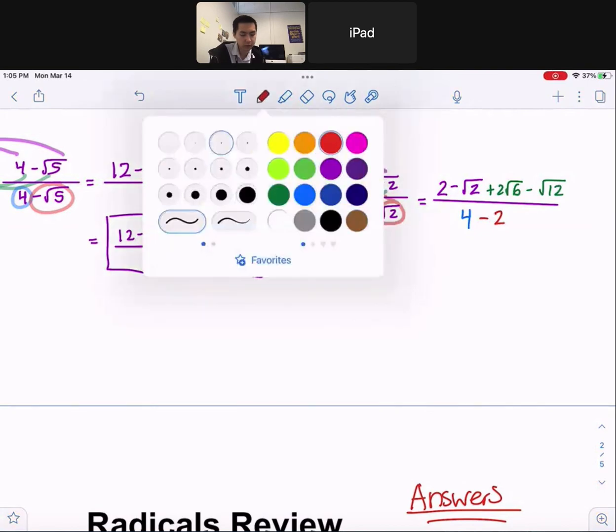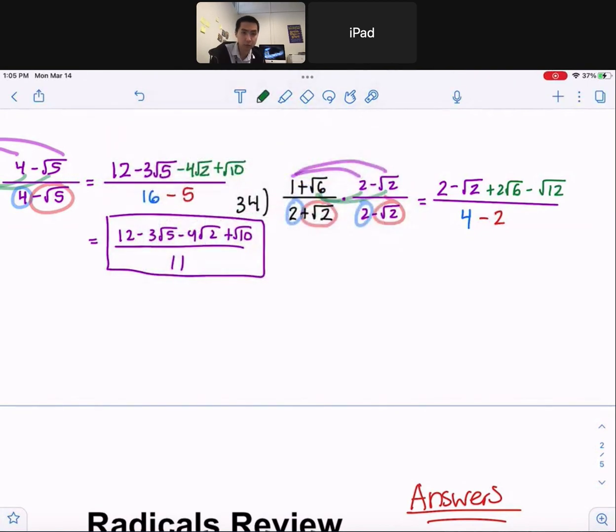Now notice, you guys, we can simplify radical 12, right? Rad 12, 3 times 4, 2 times 2, pairs of 2's left over 3. So radical 12, you guys, is actually 2 radical 3, right? So rewrite this. 2 minus rad 2 plus 2 radical 6 minus 2 radical 3, all over 2.